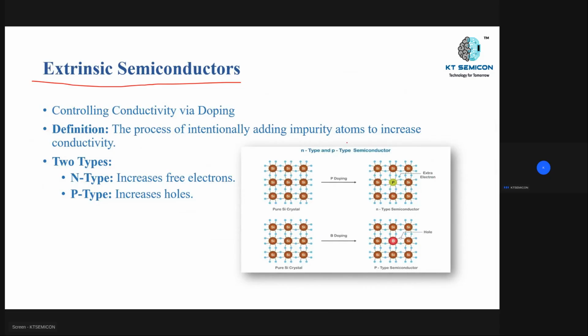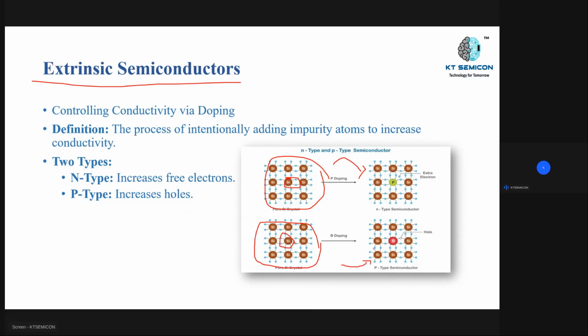Extrinsic semiconductors means, before that we have a pure silicon crystal, right? Whenever we dope it with either pentavalent or trivalent atoms, it changes to an n-type semiconductor or a p-type semiconductor.